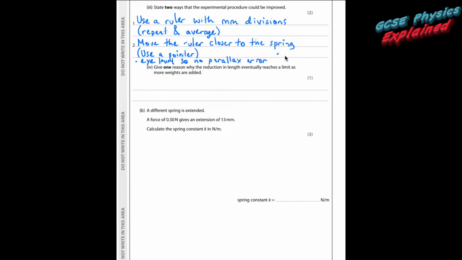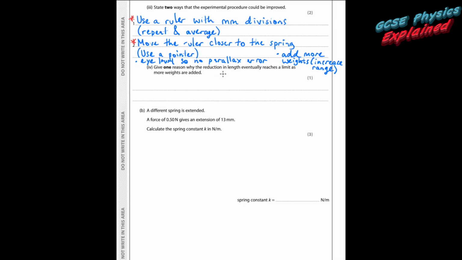Yeah, add more weights if you wanted. That would increase the range. My two favourites would be that one and that one. Just keep it simple.